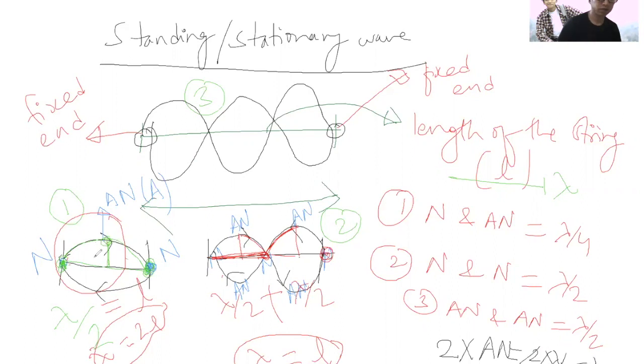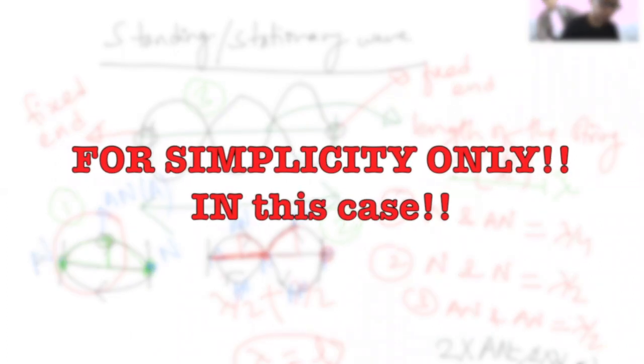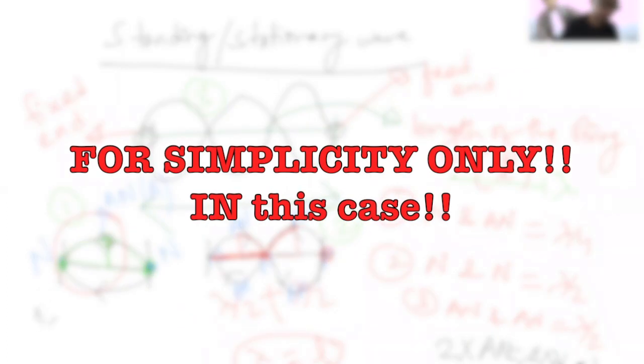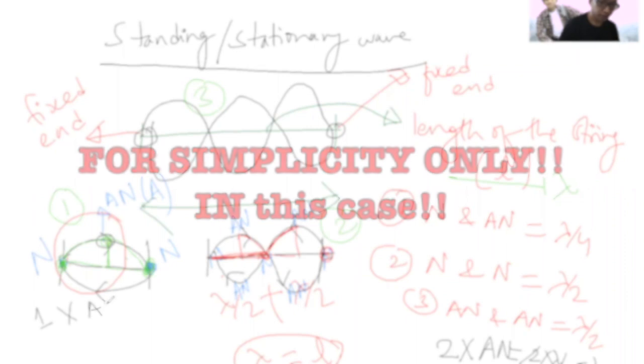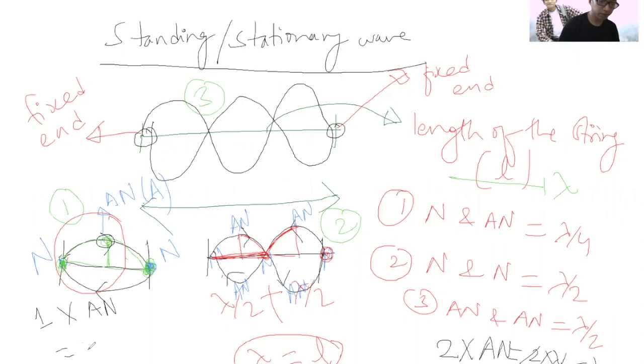In the first segment, or first case, the number of antinodes involved is 1, so it is 1 times lambda by 2, that is lambda by 2. In this case, antinode 1, first, second, third, right?